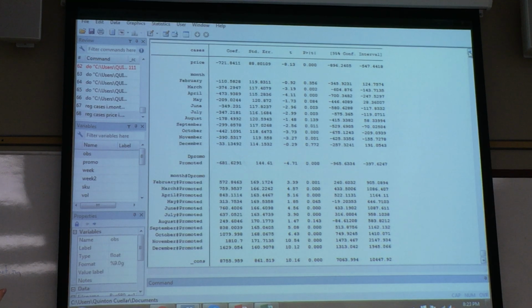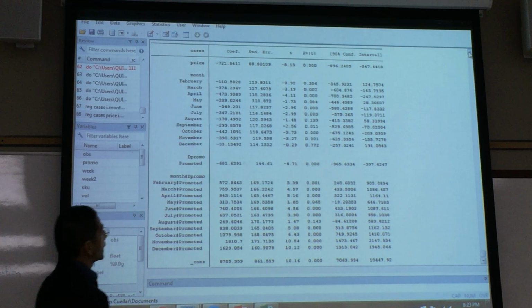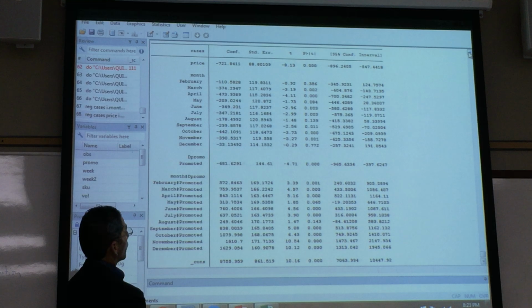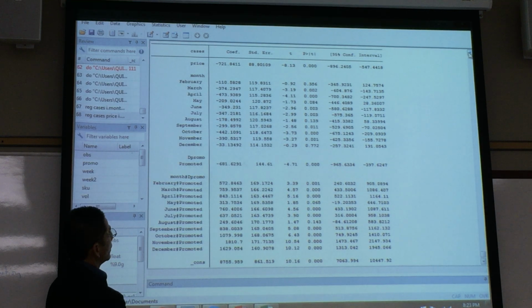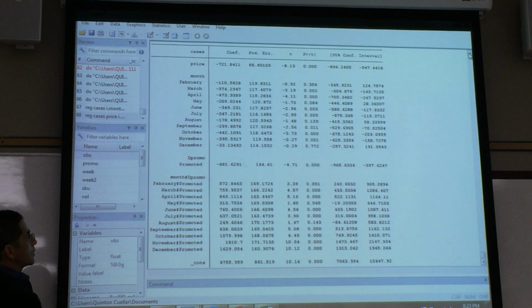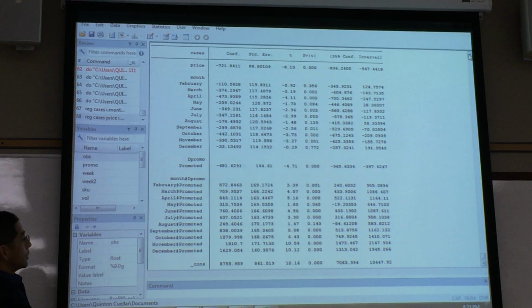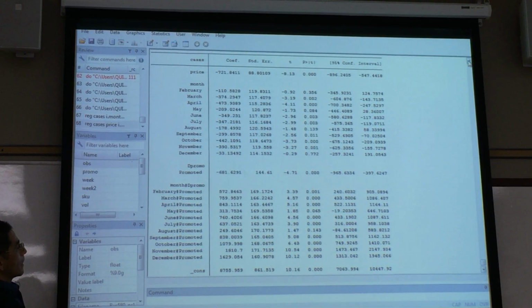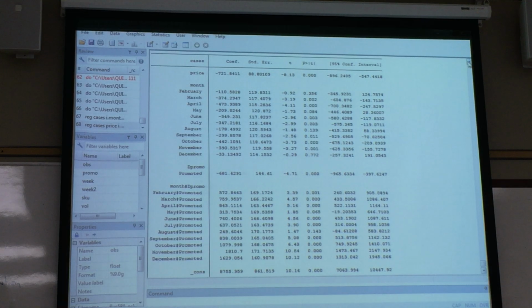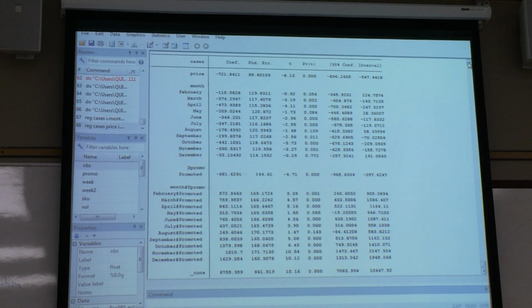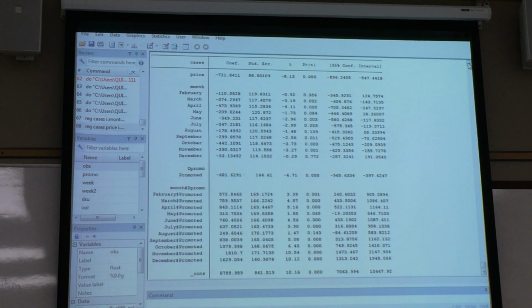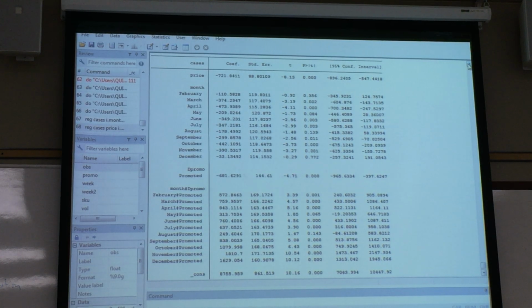Yeah. So the months are, what is the effect of, for example, December? How much more or less are sales in December relative to January without promotion? Without promotion, yes. Holding price constant, which we couldn't say before.